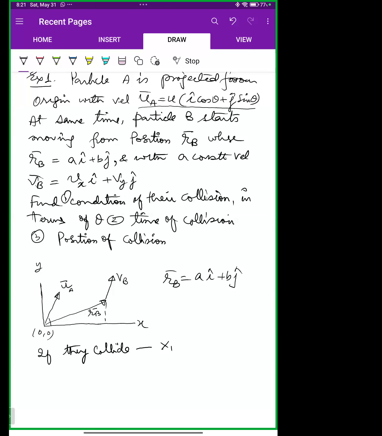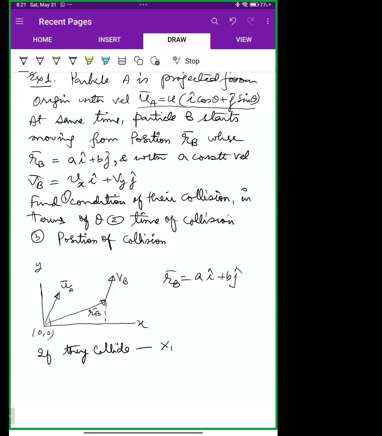Displacements are not equal, but if they collide, then displacement of 1 plus the already existing gap gives the position. Also, y1 plus B is equal to y2. Getting it? Yes, sir.